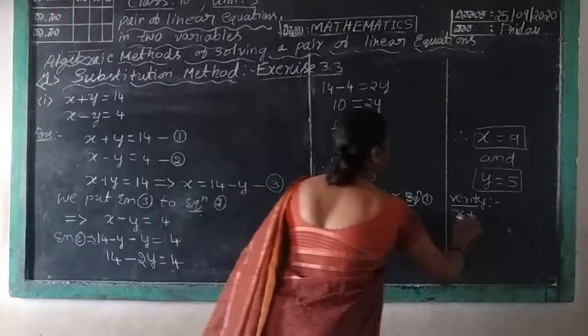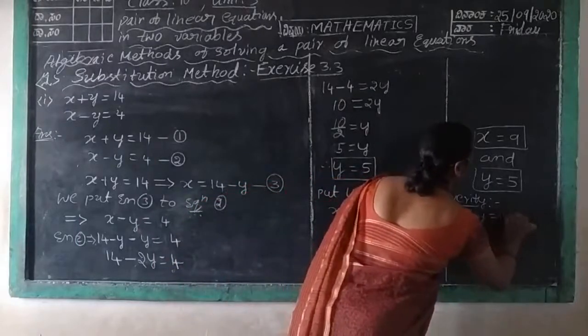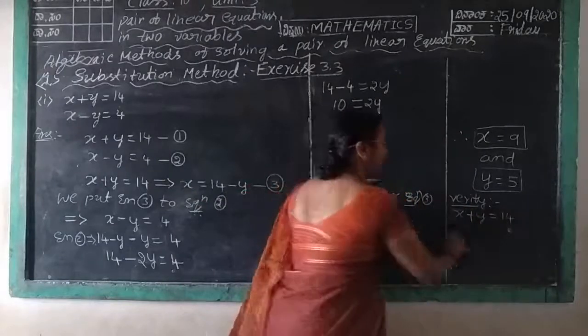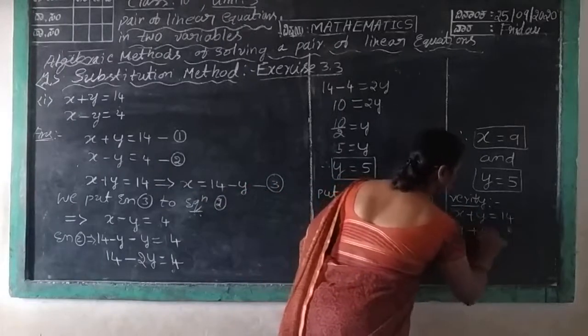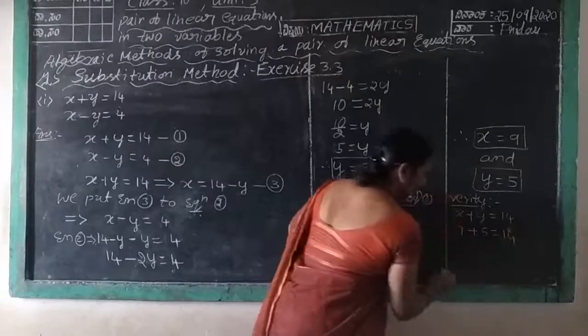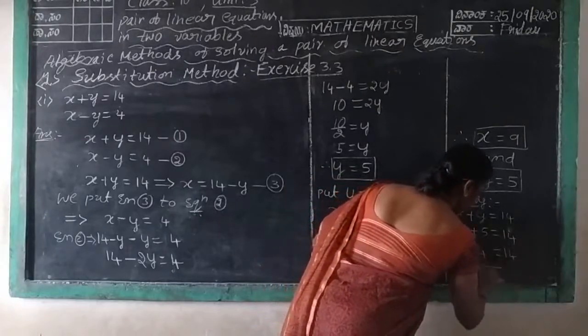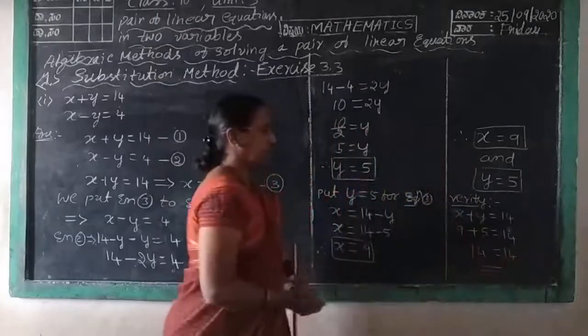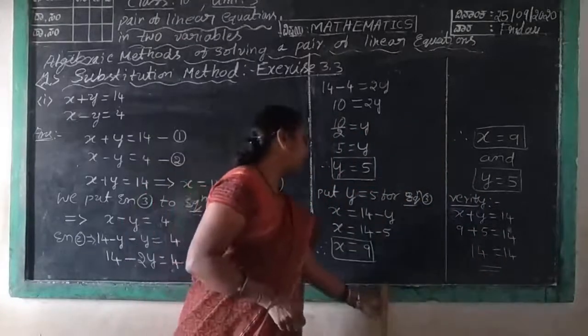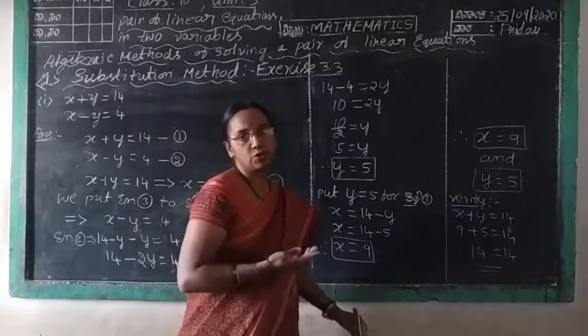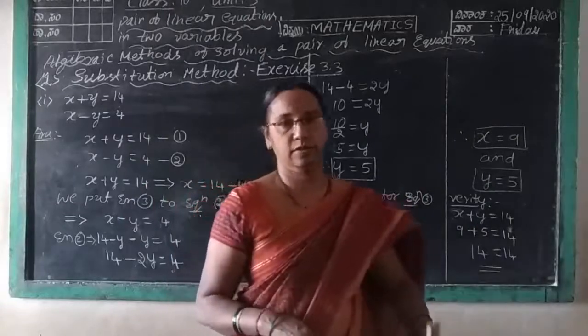Put the values of x and y. Then 9 plus 5, add this, that is equal to 14. LHS and RHS are equal. Then the x value and y value we found are true for this problem.